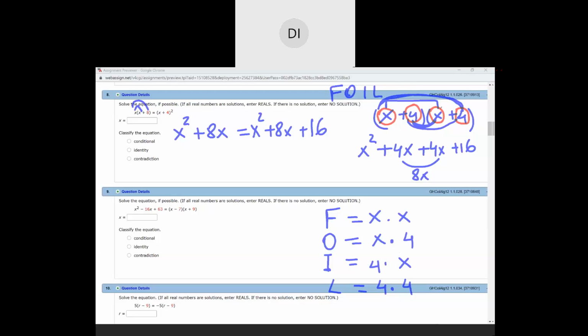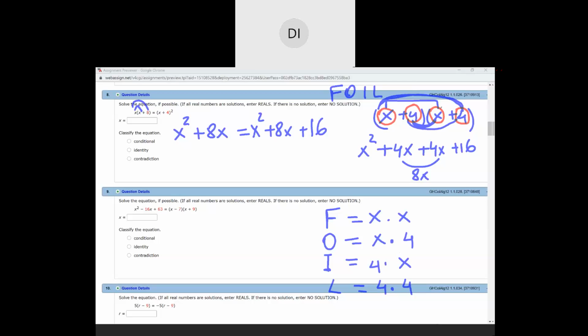Because of the square, you turn that 1 into 2 and distribute. You're doing that because square means, like, 2 squared is 2 times 2, right? Multiplying the base times itself. So that's why you're multiplying x plus 4 times x plus 4. If it's cubed, it's going to be x plus 4 times x plus 4 times x plus 4, 3 times by itself.